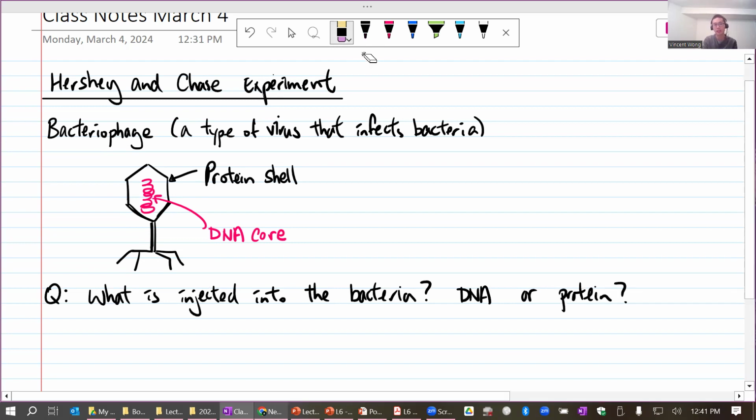In other words, is it the shell that went in or is it the DNA core that went in? Whatever went into the bacteria is the stuff responsible for encoding the genetic material, because that's the stuff that allows more viruses to be created.